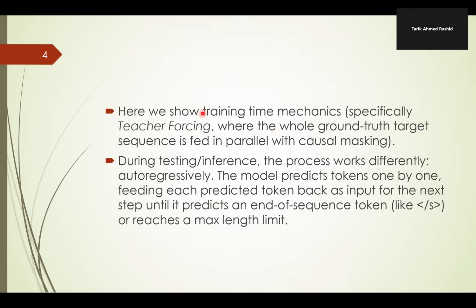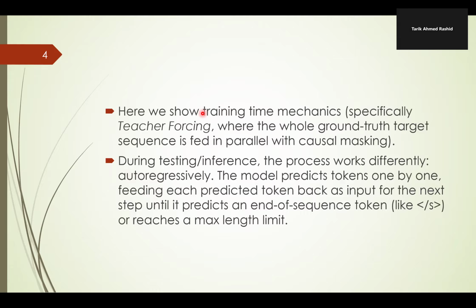In the training, the whole ground truth target sequence is fed in parallel. For example, start token, ANA, AHAB, all in one sentence will go by using causal masking. I will talk about causal masking in later slides.